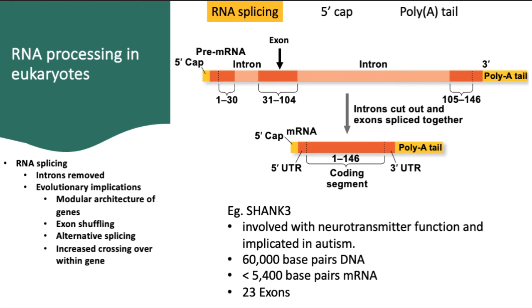For example, the gene SHANK3, which is involved in neurotransmitter function and has been implicated in an autism spectrum disorder, is a gene of about 60,000 base pairs of DNA. However, most of this is intron sequence and is cut out, leaving only about 5,400 base pairs of the mRNA. And this is actually spread out over 23 different separate exons.